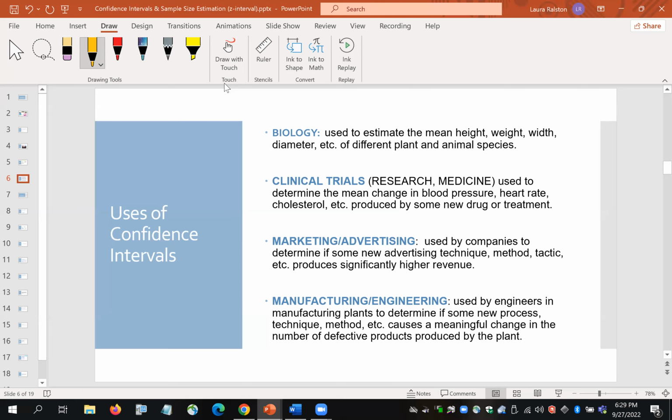Engineers use it to determine if a new process perhaps works better than a previous process, or that the new process leads to fewer defective parts than the old process. So again, there's a variety of uses of confidence intervals in the real world.